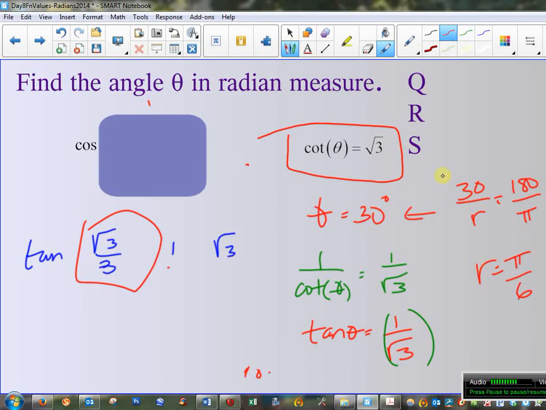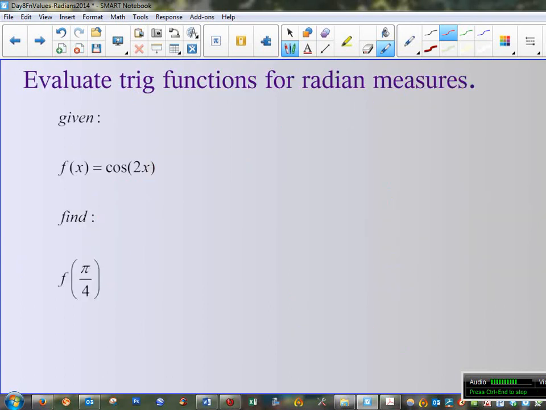Typically, when we give you these types of problems, we're really not going to ask you about coming up with those radicals in other quadrants, because the reference angles are the ones you memorize, and the reference angles are always in quadrant 1. Let's move on to the final part, where we are asked to evaluate trig functions for radian measures.